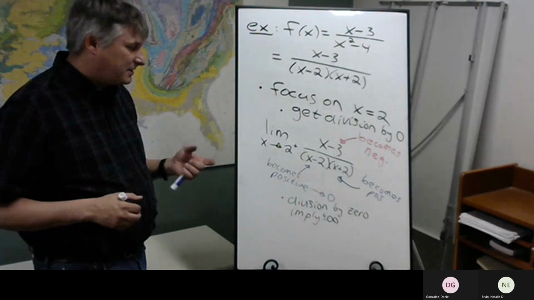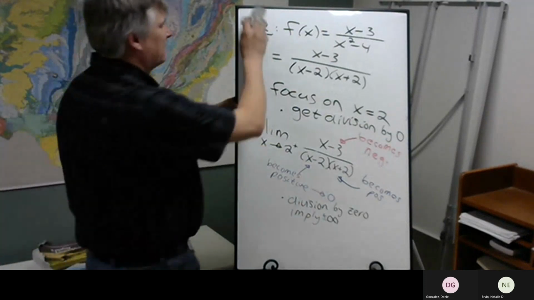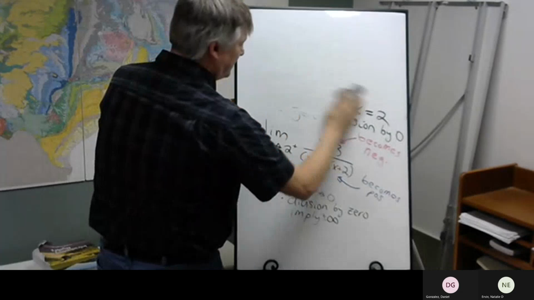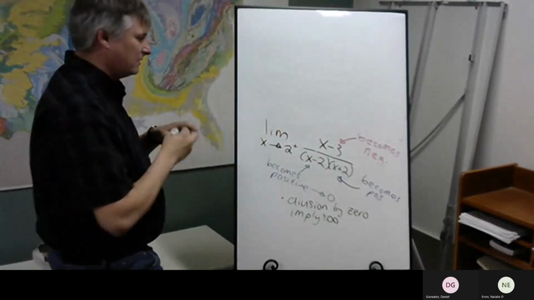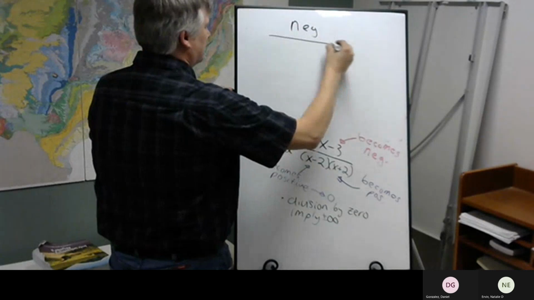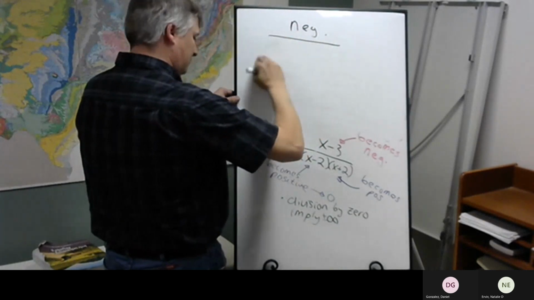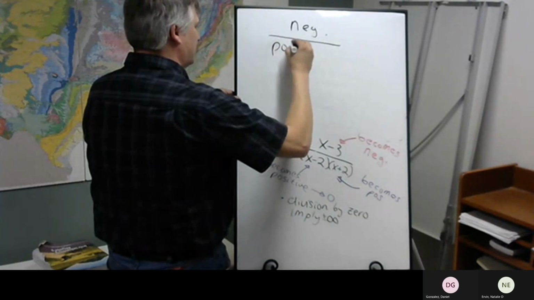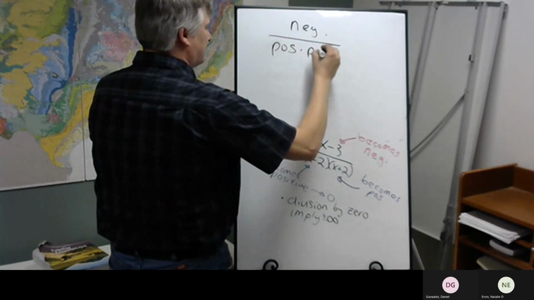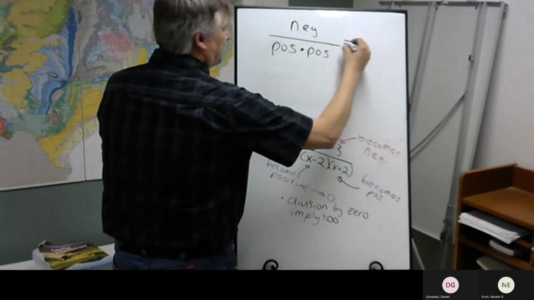But as we deal with numbers just above 2, what that's actually saying is we're going to have a negative, positive, times a positive, and this equals a negative.